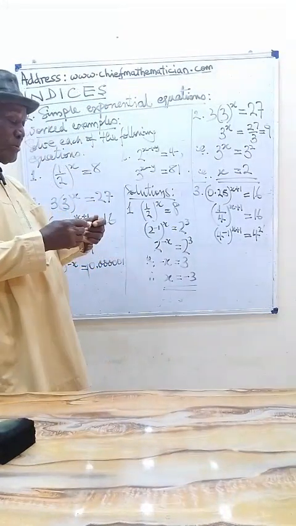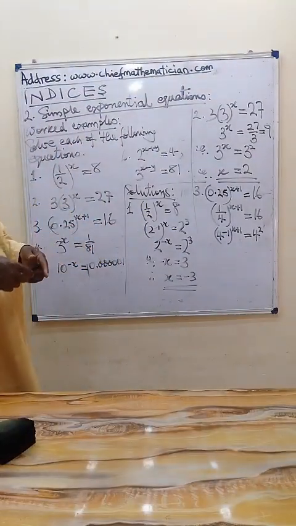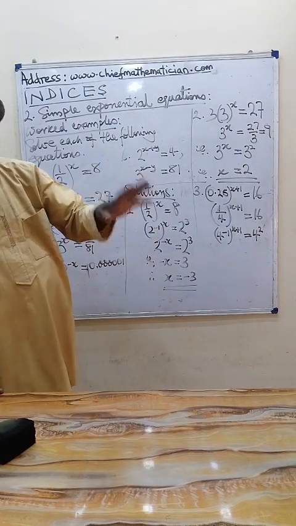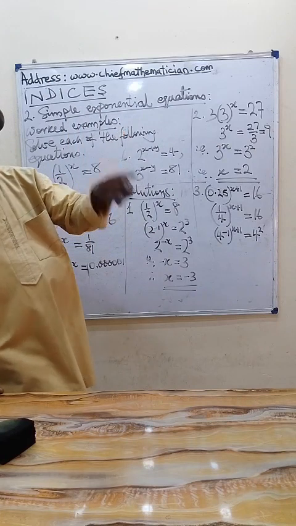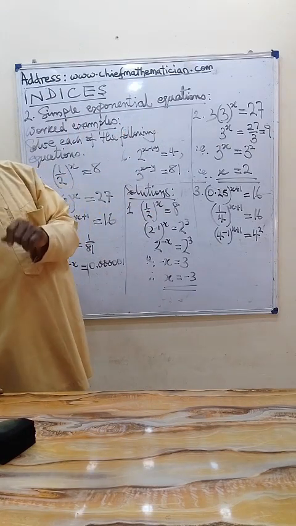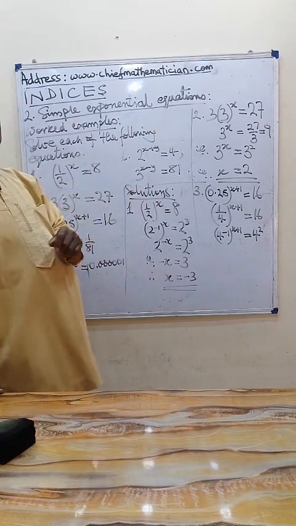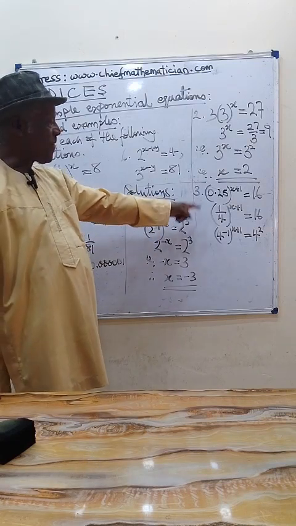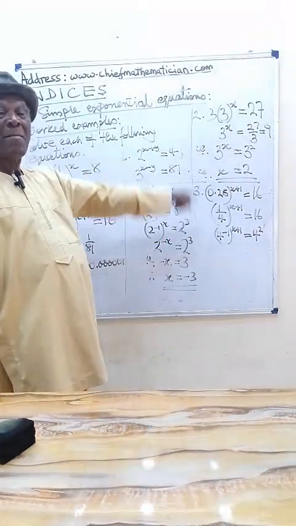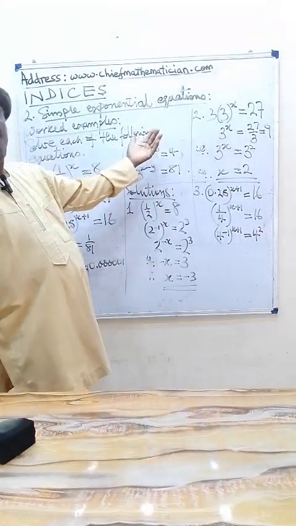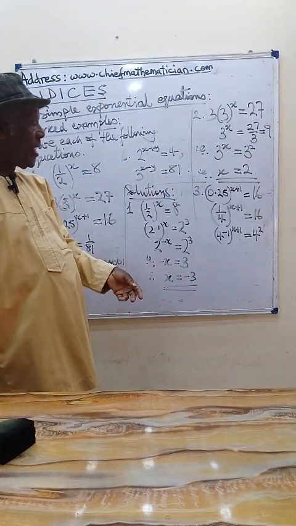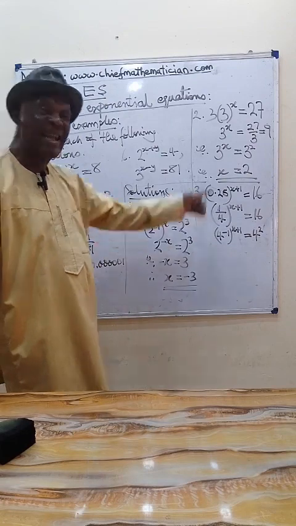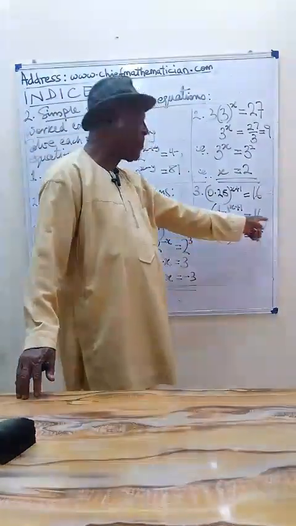I want you to observe that very well. Notice that our objective remains ensuring that both sides of the equation are on the same base. So 1 over 4 is the same thing as 4 to the power minus 1 from your law of indices. 16 is the same thing as 4 raised to the power 2.